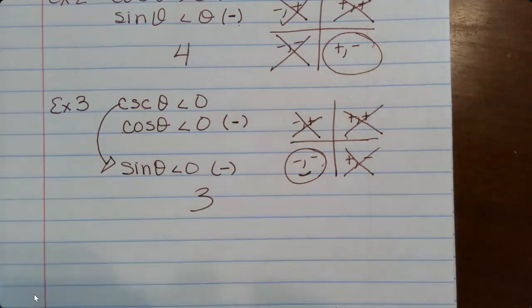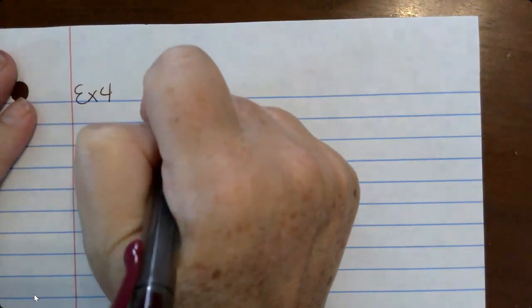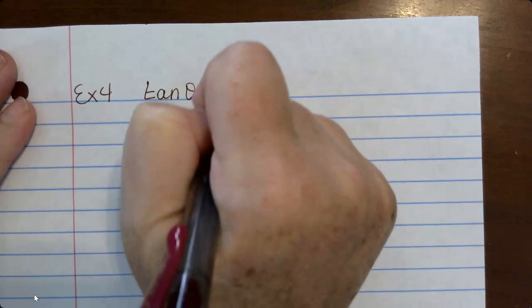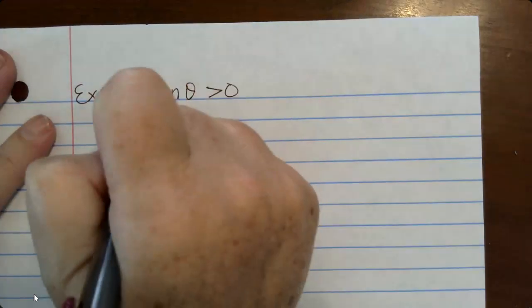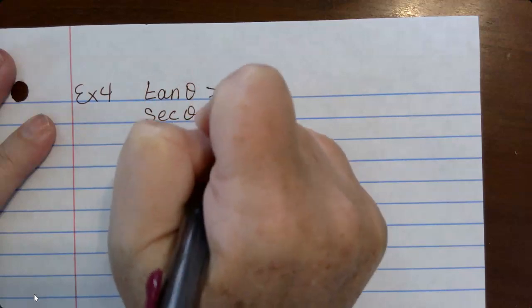Okay, so let's have a little bit more fun. Let's add a little bit more. Okay, what number am I on? Example number 4. So how about if tangent is greater than 0, but secant is less than 0.